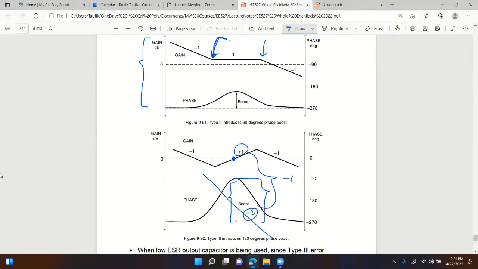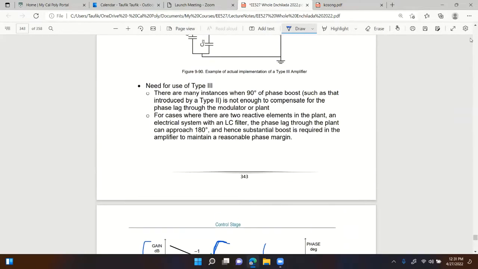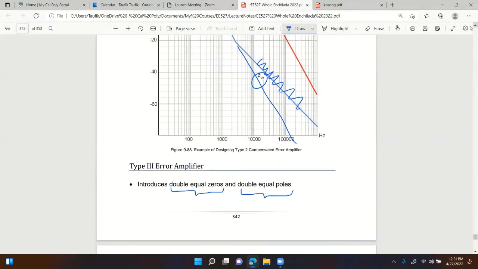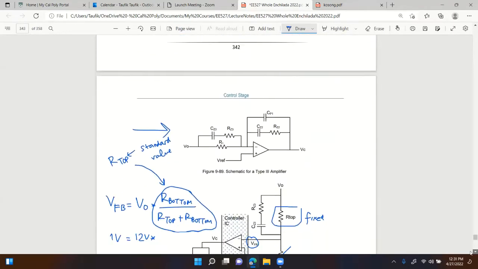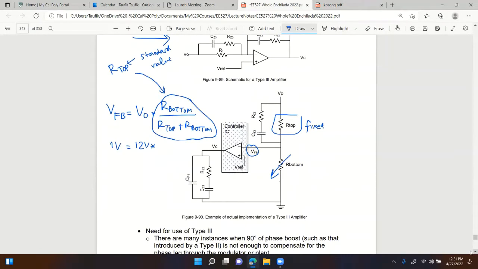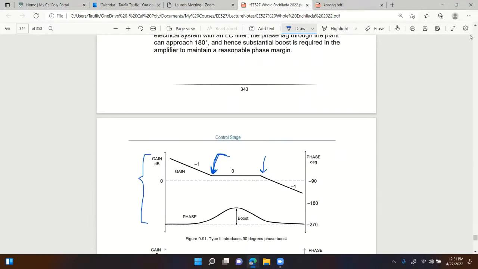That's why you need the type 3 amplifier, just like this example I had earlier right here. Imagine if this is -2, and then you add type 3, you're going to add +1 to it, so you end up with -1 slope at crossover frequency. Is any of this confusing to you, or you're still okay?